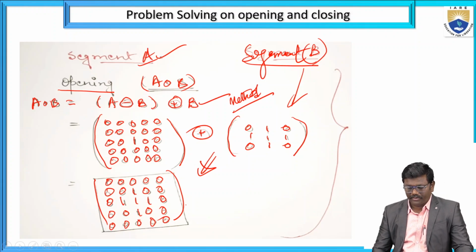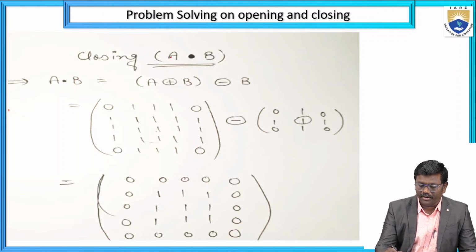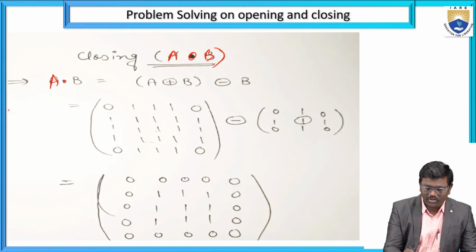Next, we apply closing, using the formula A dot B. This is dot, not circle.